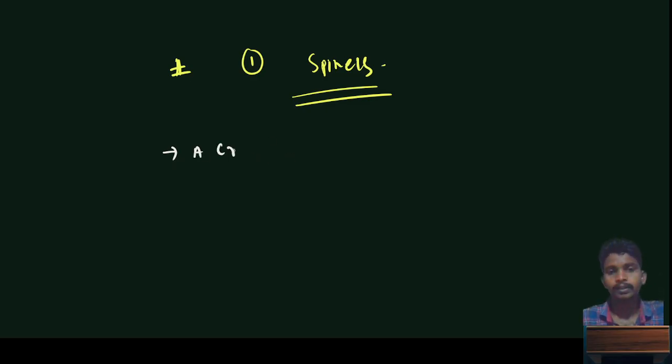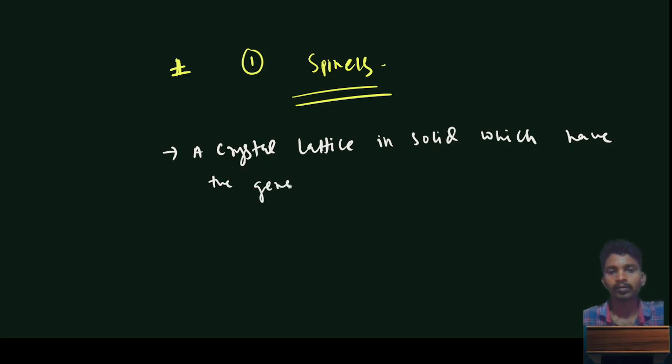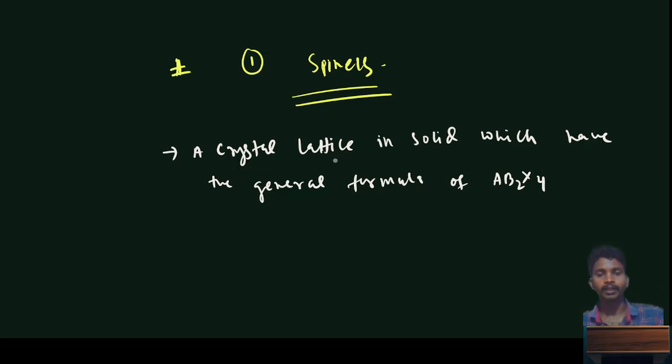This is a crystal lattice in solids which has the general formula AB2X4. So a spinel is one type of crystal lattice which has the general formula AB2X4.